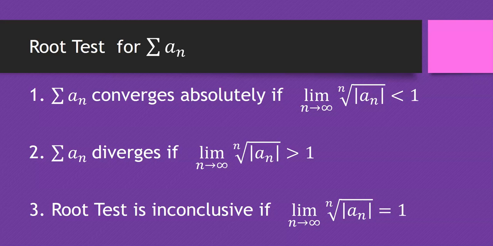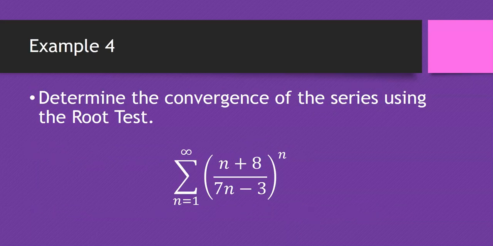So let's take a look at example 4. Example 4 says take the infinite series (n plus 8 over 7n minus 3) all to the power n. So we have this sort of term raised to an nth power.